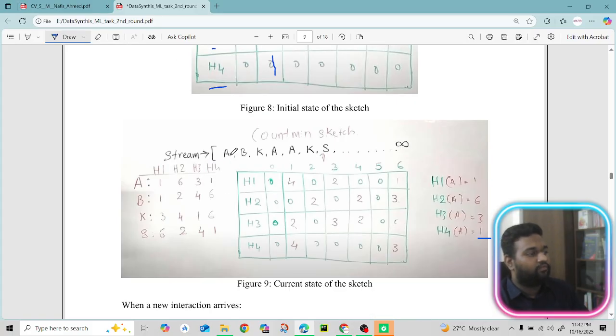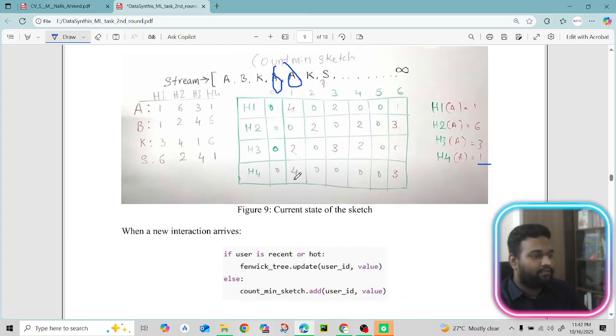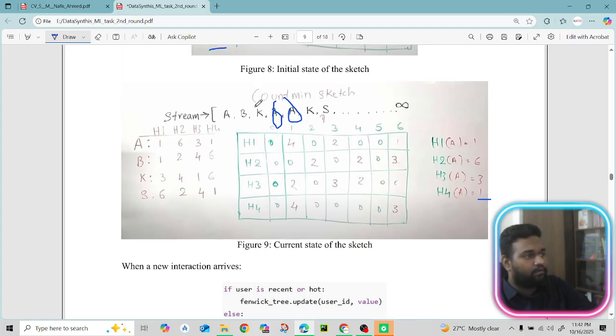Similarly, it will go on for this one, this one, this one. There's another A, there's another A. So we can tell 1 plus 1 is 2, plus 3, that will be 4. So updating these values will come up with this 2D array. If we look into this, we have actually done the count part.